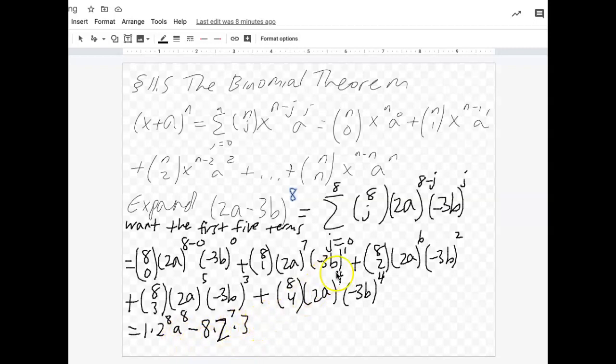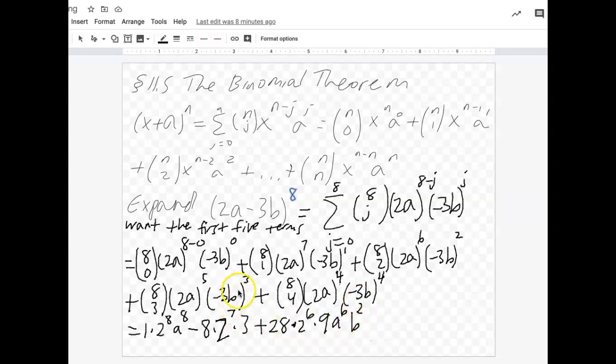And then the next term, 8 choose 2 comes out to 28, times 2 to the 6, times negative 3 squared, which we know is 9. So then a to the 6 b squared.